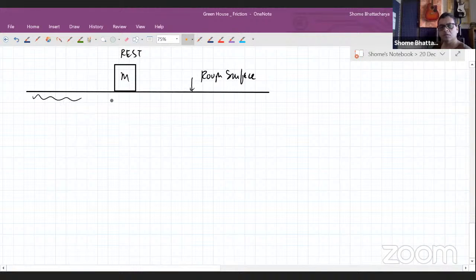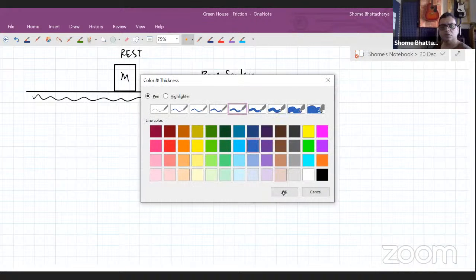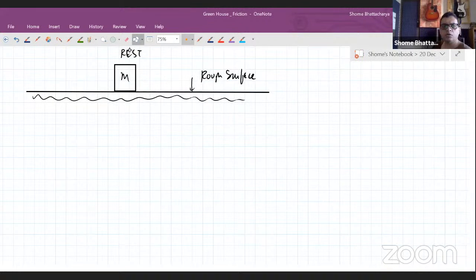Once again, but this time we start applying a force which is not suddenly a force of 60 newtons or suddenly a force of 20 newtons. Rather, it is a force which we are very slowly increasing.